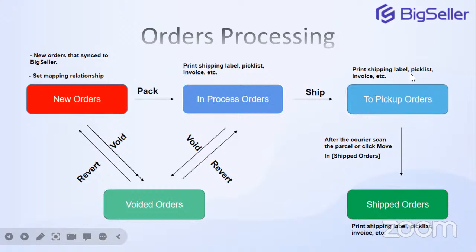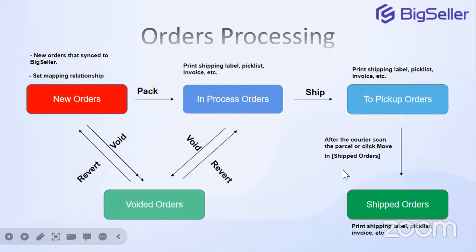For the third step, to pick up orders, you just need to wait for the courier to scan this package. If it's pick up, then you need to wait a while for the courier to come to you and take the package. If it's drop off, then you need to take the package to the courier yourself.